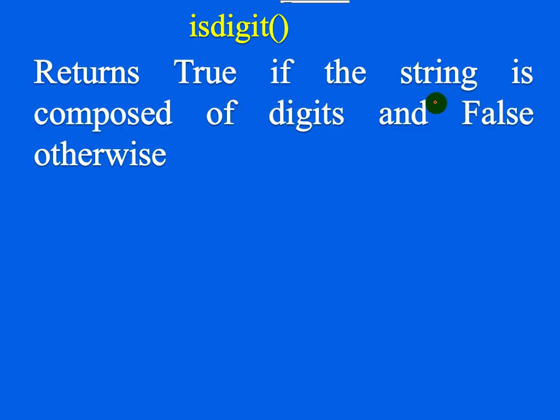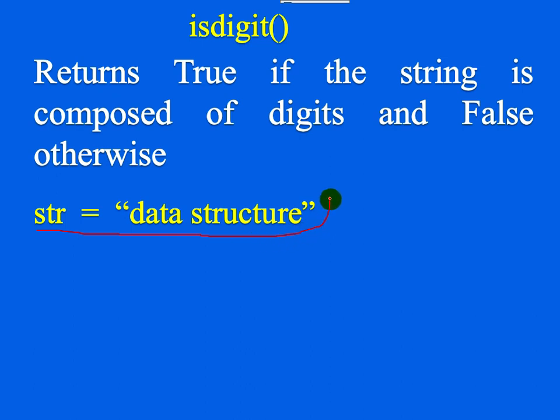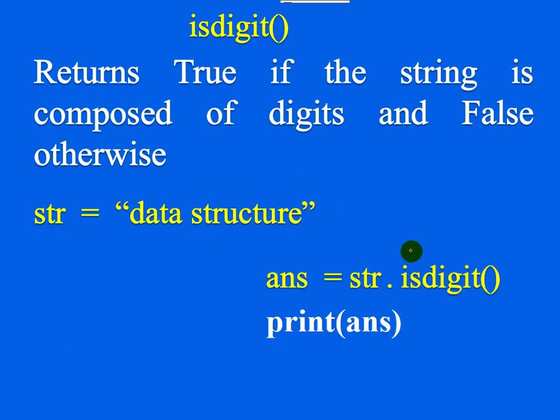It returns true if the string is composed of only digits and false otherwise. Example, you consider the string str equal to data structure, and if I write str dot isdigit, what answer does the function return? False, because this is not completely composed of digits, not even one digit is there, isn't it?